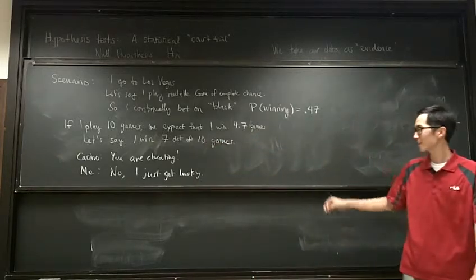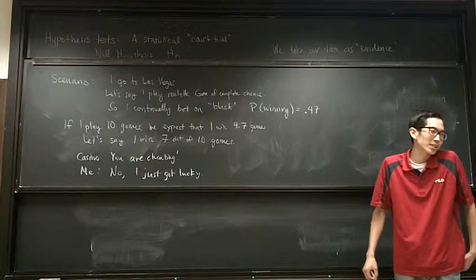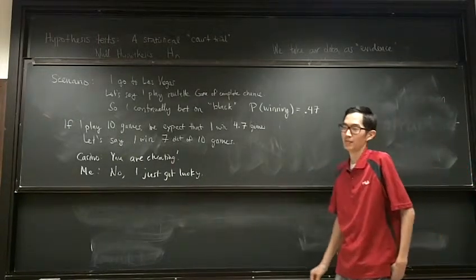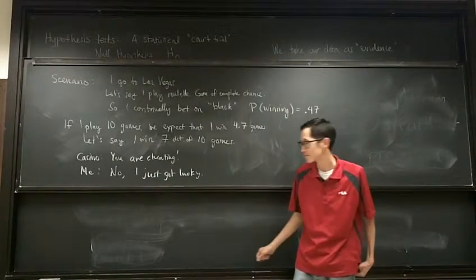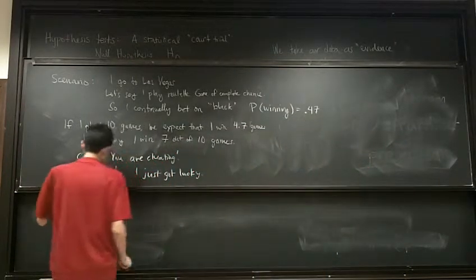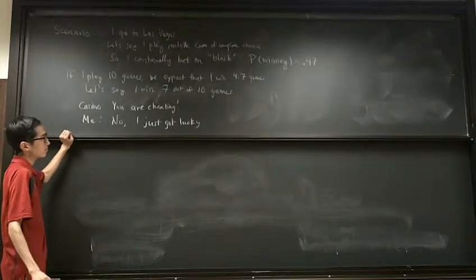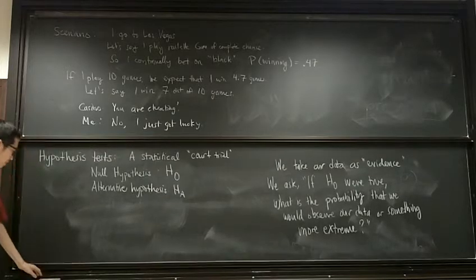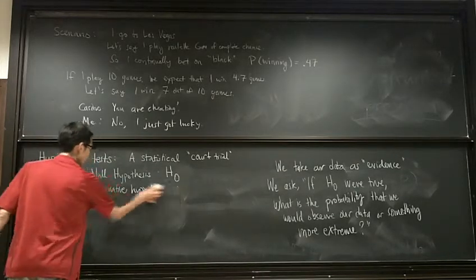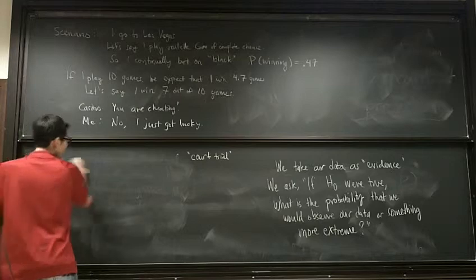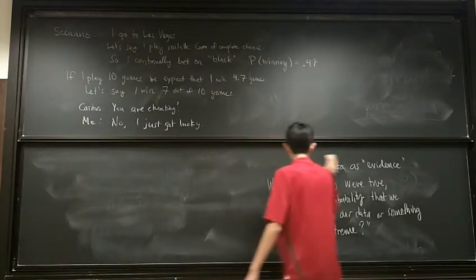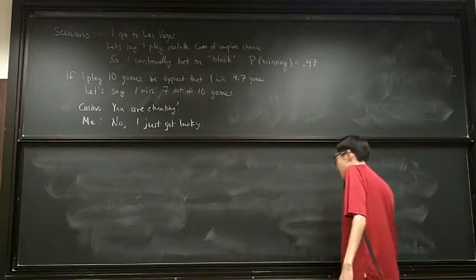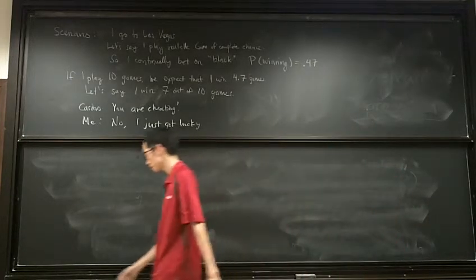So how can I show them that I just got lucky? Well, I can say, anybody who plays roulette 10 times, some of them are bound to win 7 out of 10 times, right? This is my argument.